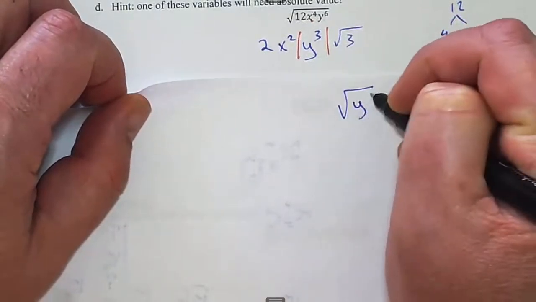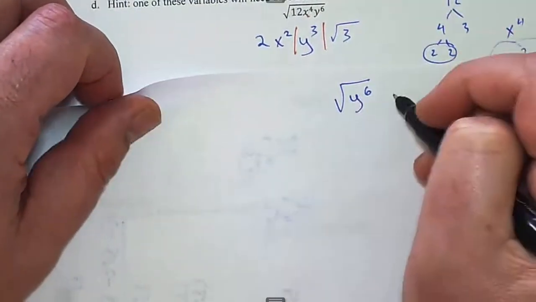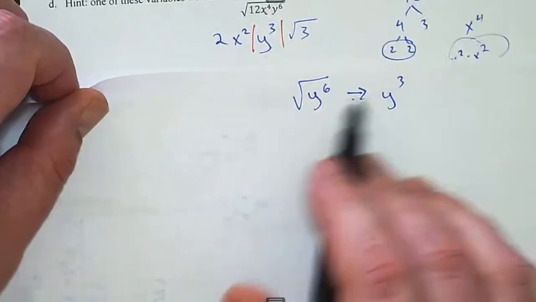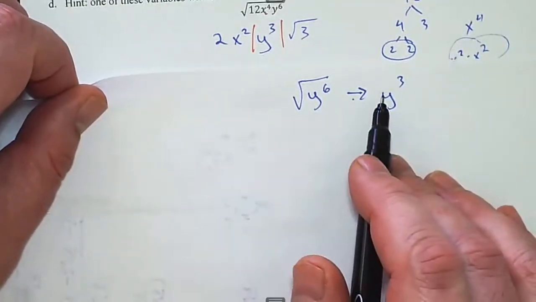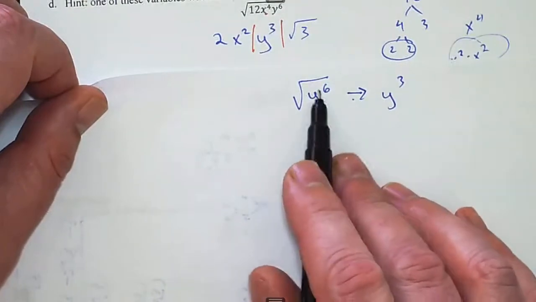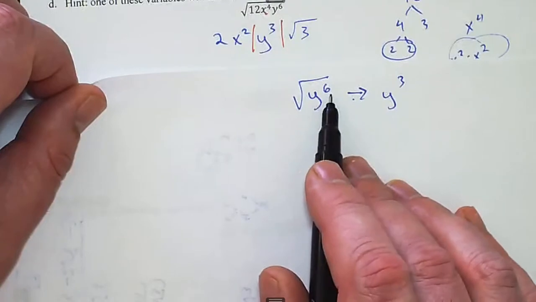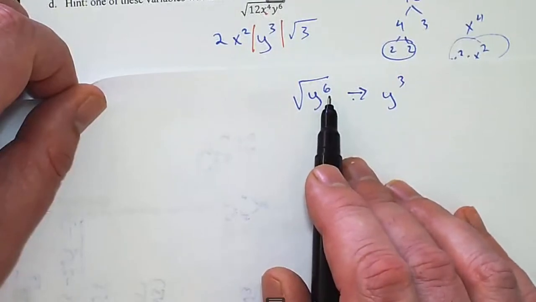Just to try that one more time to explain. This is the problem. That's only true if y is always positive. Because if I put a negative number in for y here, I put it to the 6th power first, right? That 6th power makes it positive.